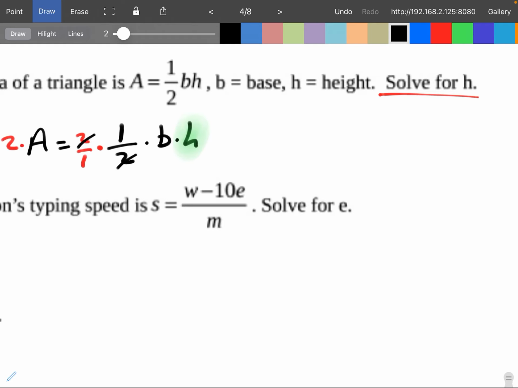2/1 is the same thing as 2. Now you should be able to see that these 2's over here will cancel out. So now you've got an equation that says 2 times a is equal to b times h. Again, we're trying to get the h by itself. How would I get rid of that b?